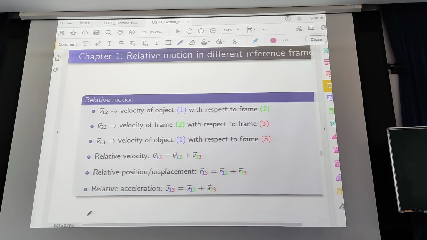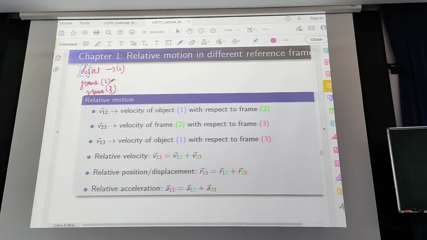So let's say the object is frame number 1, and then frame 2, and then frame 3.